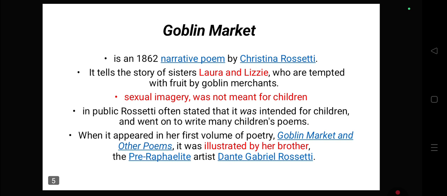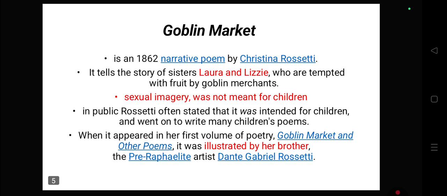So Laura and Lizzie were tempted by fruit sold by goblin merchants. Sexual imagery is very apt in this poem, and that is why it was not meant for children. Publicly, Christina Rossetti used to say that it is a children's poem, but she accepted that it was not meant for children.